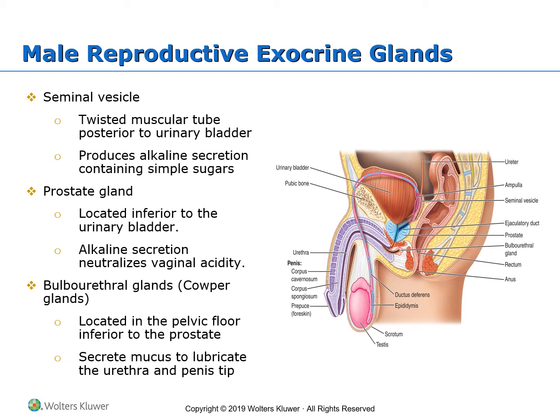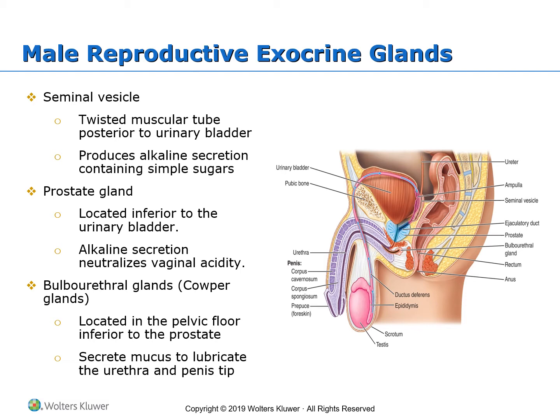Now, moving downwards with the pathway of the sperm, you see another structure really low in the pelvis, close to the pelvic floor, that is called the bulbourethral gland. Men have two of those. They are also called Cowper glands, and they are paired pea-sized organs in the pelvic floor inferior to the prostate gland.